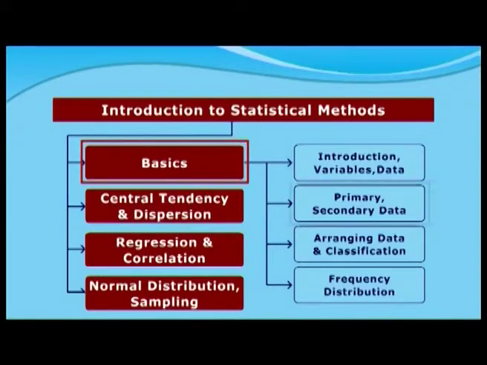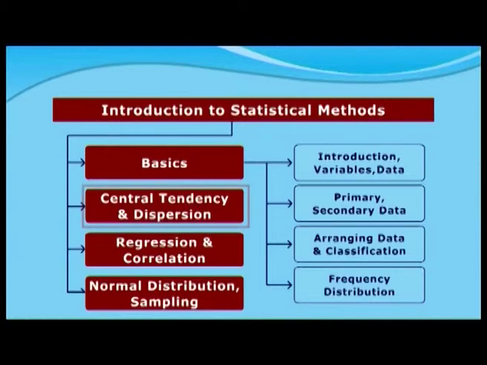Data can be collected in the form of primary or secondary data. This data that has been collected with a specific objective or purpose needs to be arranged and classified for further analysis using various statistical techniques, and that is where we use the technique called frequency distribution to present the data in a very perfect format.